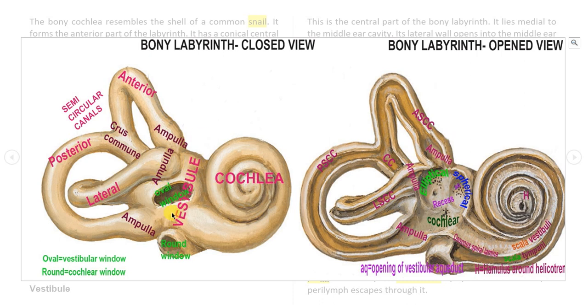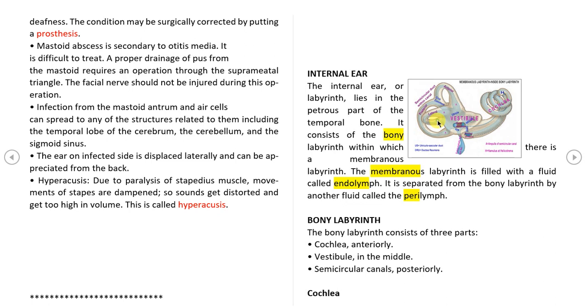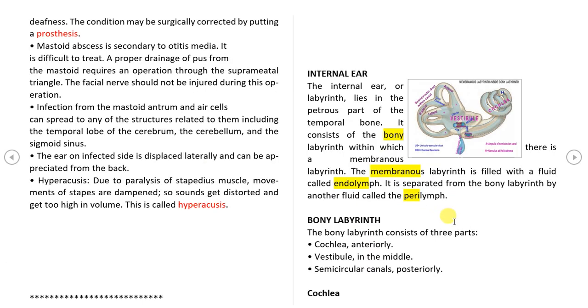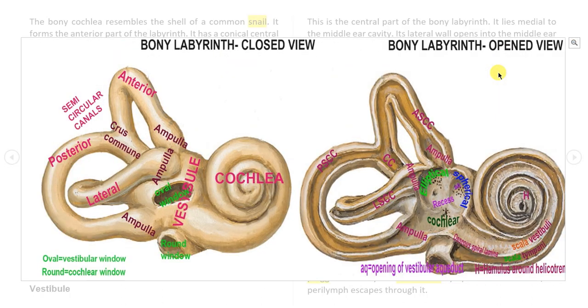Which three structures again? Utricle here, saccule here, and the duct of the cochlea. For these three structures, we have three different recesses.